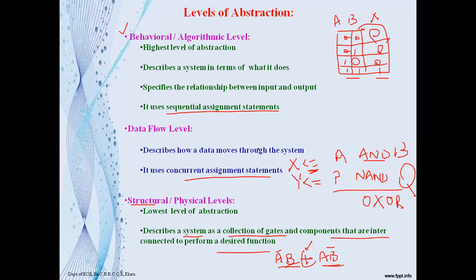Just we are taking the truth table, or we just take the state diagram, or we just take the block diagram, and we will describe the operation of the circuit. But in the data flow, we are describing the circuit with the help of the logic expressions, by simplifying the logic expressions.